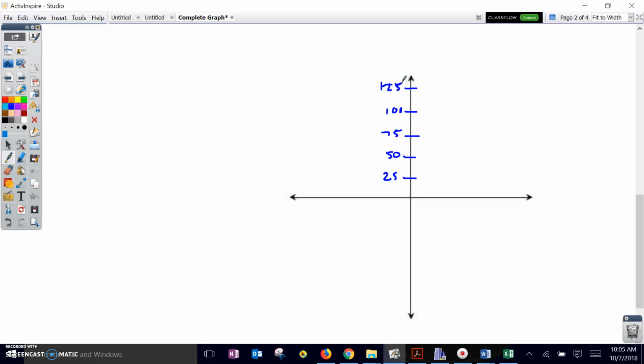And to catch all the pertinent information as far as x values, I need to go all the way out to at least negative 6.5. So let's go out here to negative 8. And positive 8.